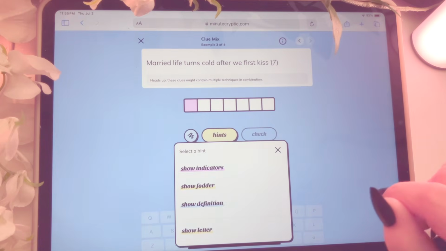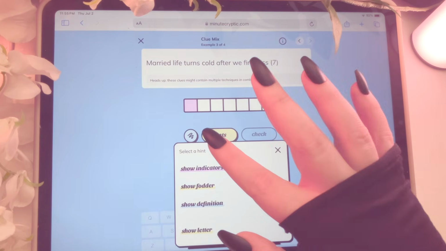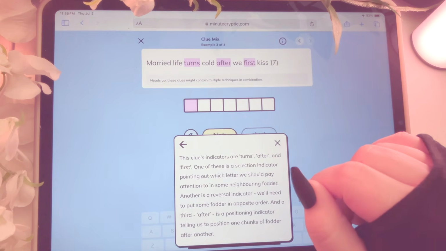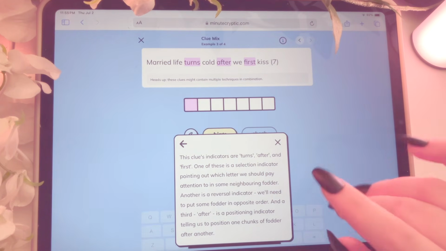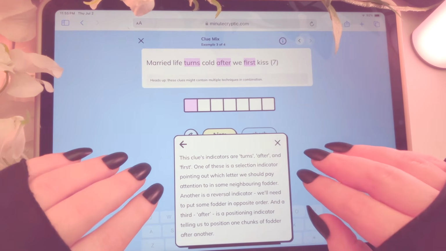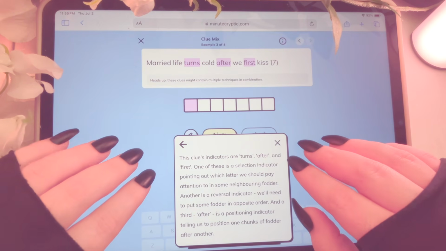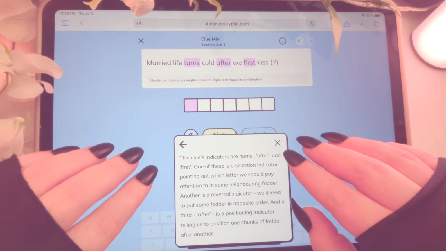This one I'm struggling with a little bit. Let's do a hint about, let's say, show indicators. Those are the three I already said. Okay. This clue's indicators are turns, after, and first. One of these is a selection indicator pointing out which letter we should pay attention to in some neighboring fodder.